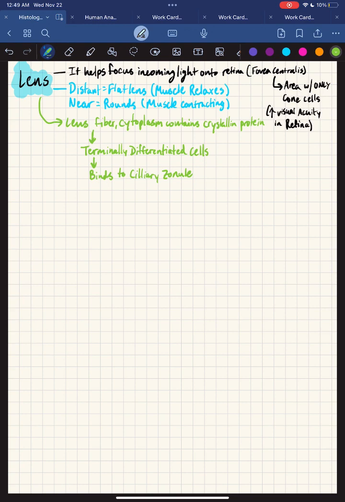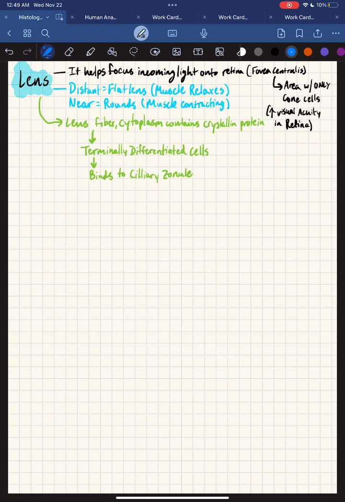Now, the retina. Fair warning, it's a little complicated, so I'm going to write it out first and explain what the layers are like. Afterwards, I'm going to go through that with a diagram. I just think it'll help y'all learn it better. It helped me learn it better, honestly.